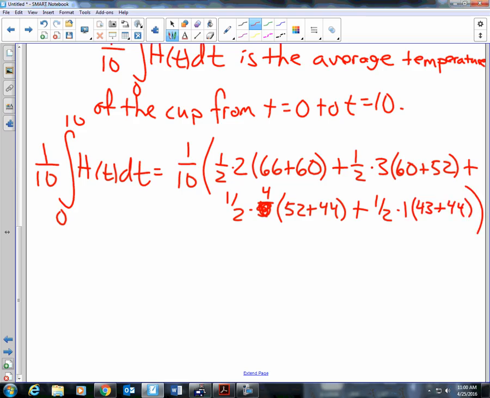So that's your computation, and what you need to do is type it into your calculator, and you come up with 52.95 degrees Celsius. So somebody tell me, what would I do to check the reasonableness of that solution?